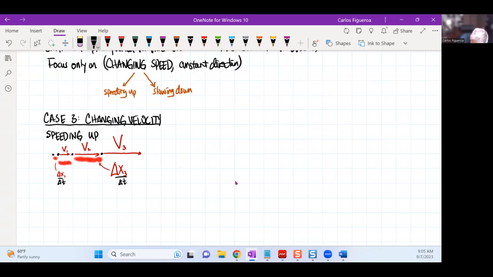What I'm seeing here is that my changes in the x's, delta x's, are getting larger and larger and larger. So what does that mean here? This implies that this is less steep. This implies that this is steeper.